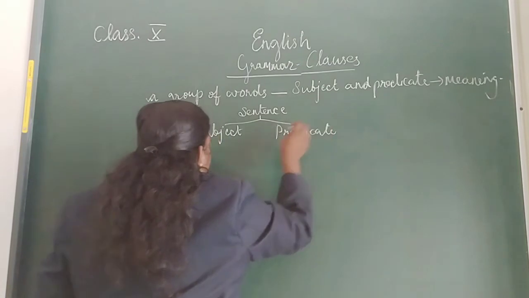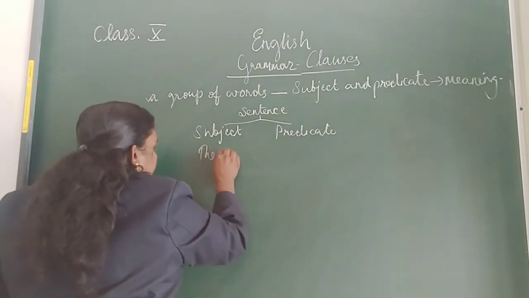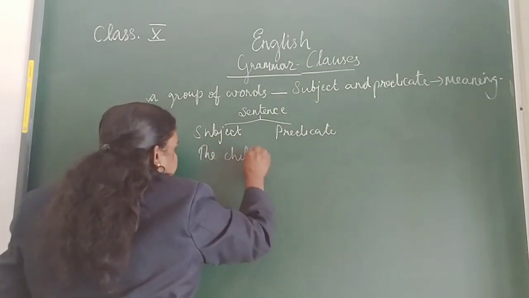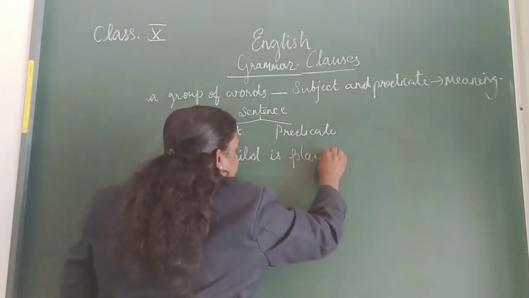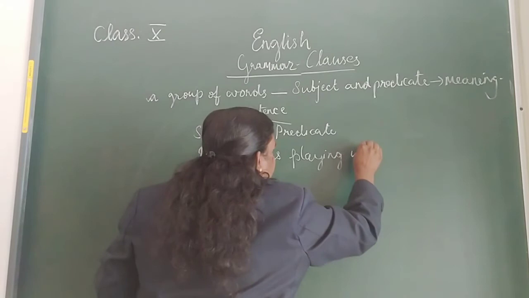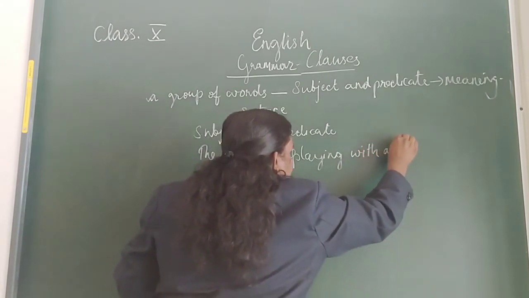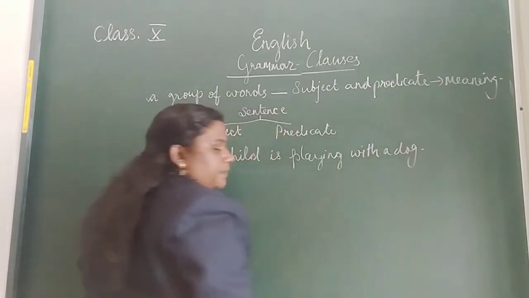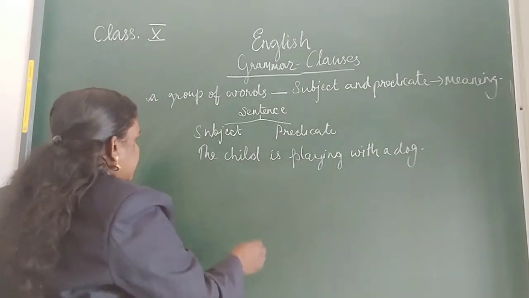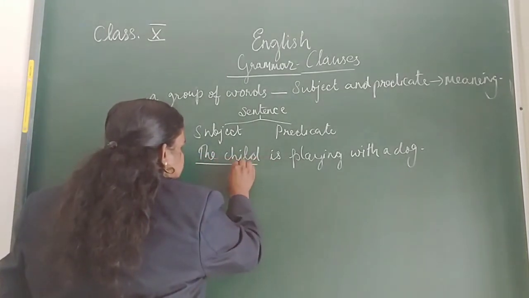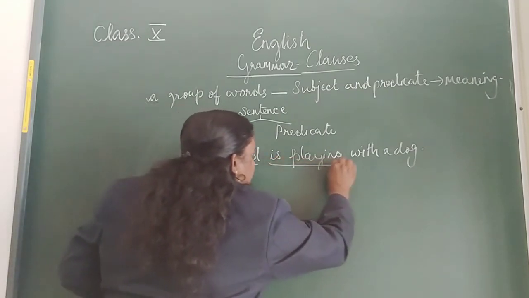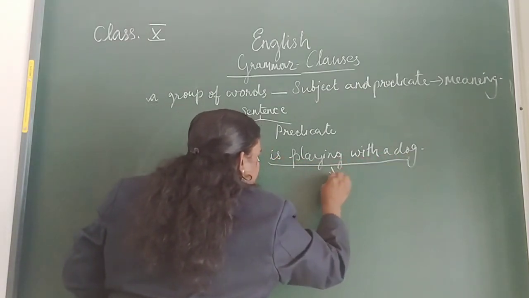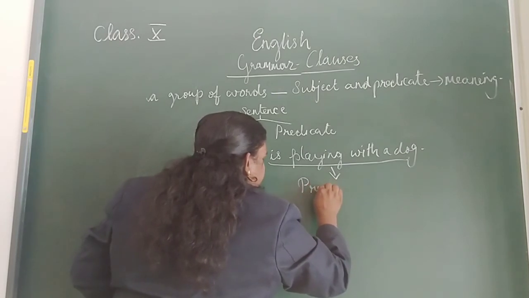For example, the child is playing with a dog. In this sentence, the child is the subject. The remaining part of the sentence is known as predicate.